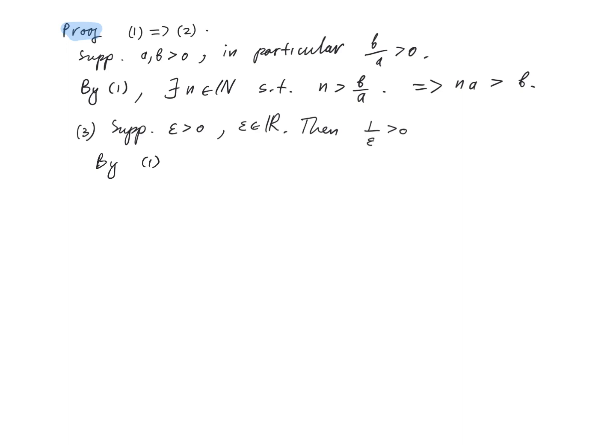By 1, there exists a natural number n such that n is greater than 1 over epsilon, and multiplying both sides by the positive number epsilon over n, this yields that epsilon is greater than 1 over n.